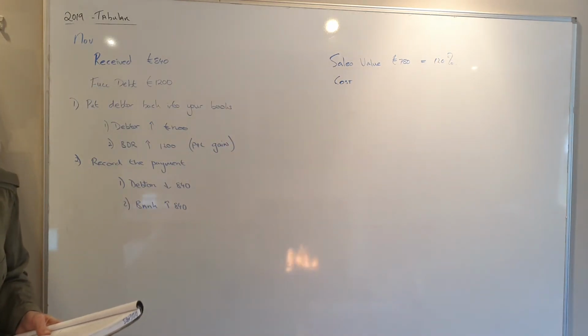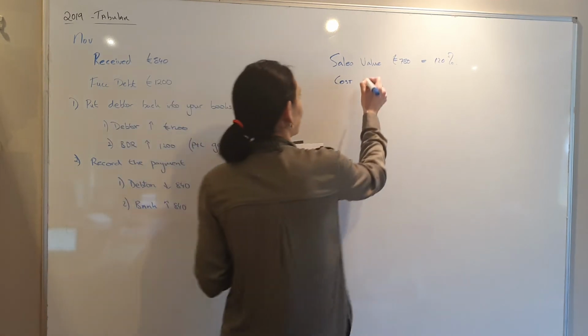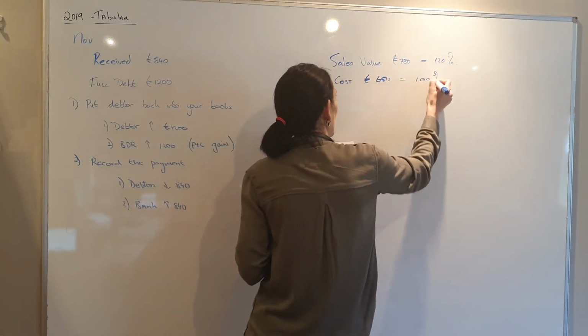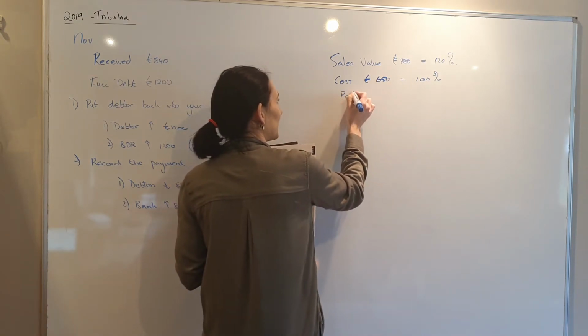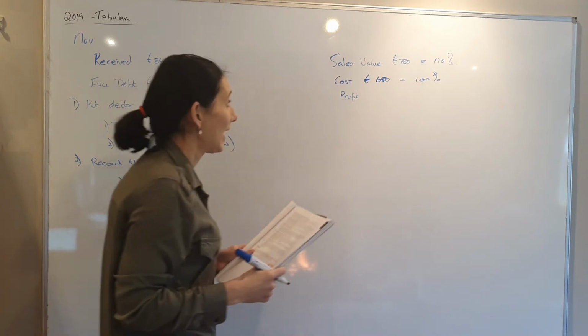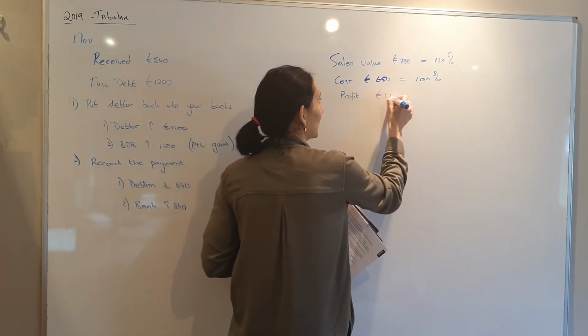So 780 is 650, which is equal to 100%. So you are going to make, from this transaction, looking at this, you are making a profit between what it cost you and what you sold the goods for, so you're making a profit of 130.